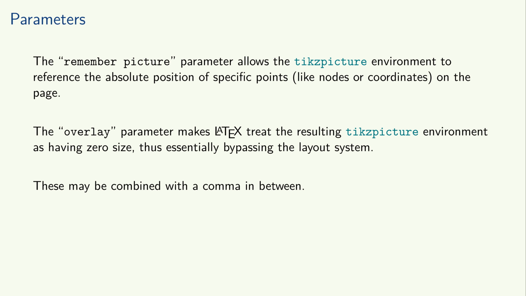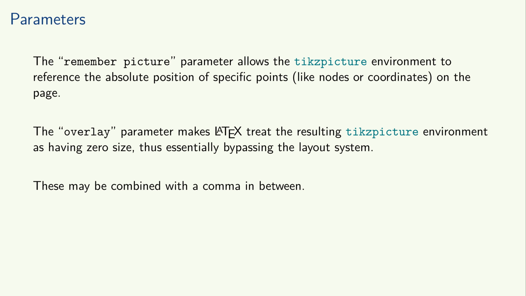We also have an overlay parameter, that's down here, and it essentially makes LaTeX treat the resulting tikzpicture environment as having 0 size. The reason why that could be attractive is that LaTeX has this whole engine that tries to lay out things in the most optimal way, and sometimes it's working against you.